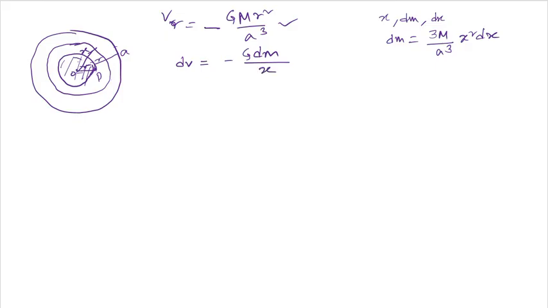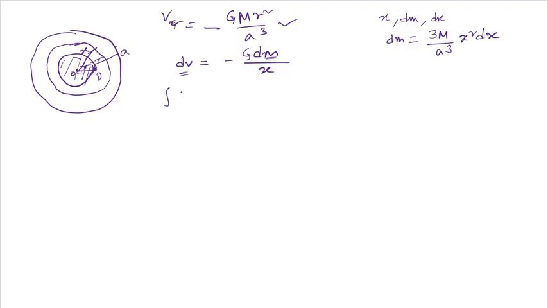We know that for a hollow sphere, at an internal point the gravitational potential is constant. For this particular hollow sphere taken at x distance, the gravitational potential dv is small, because of the small mass dm; dv is minus G dm by x.